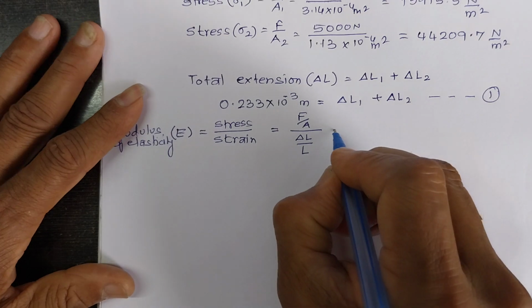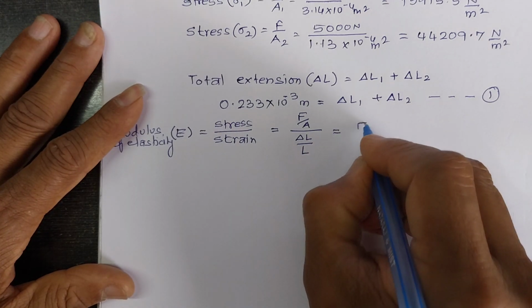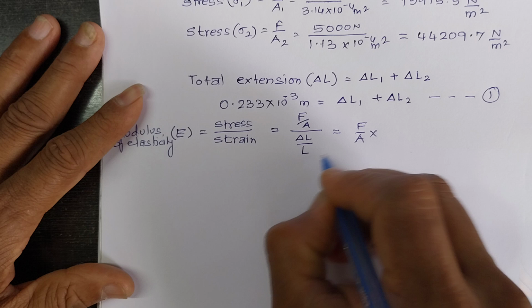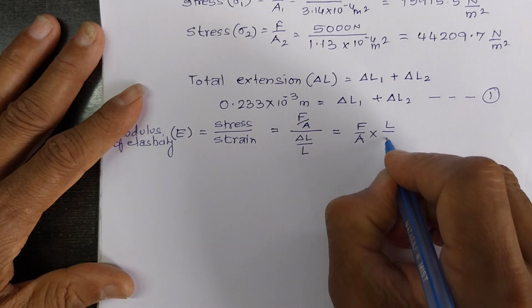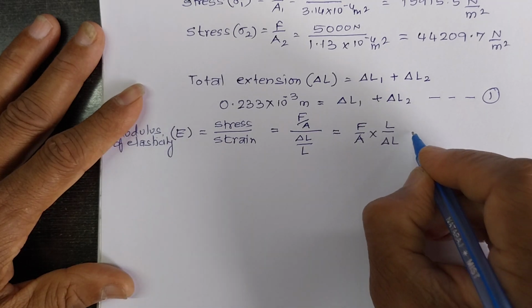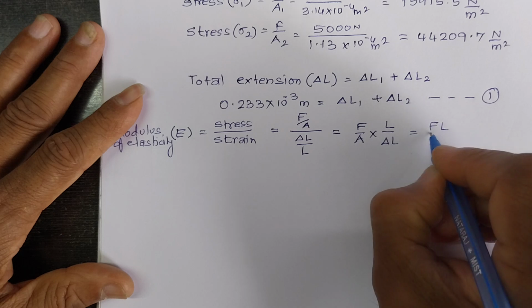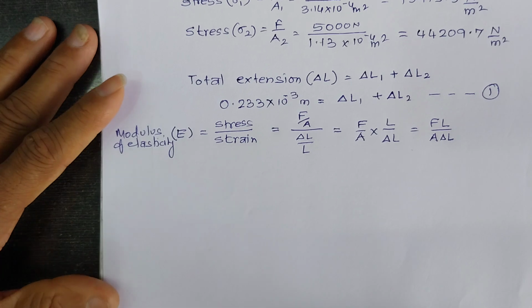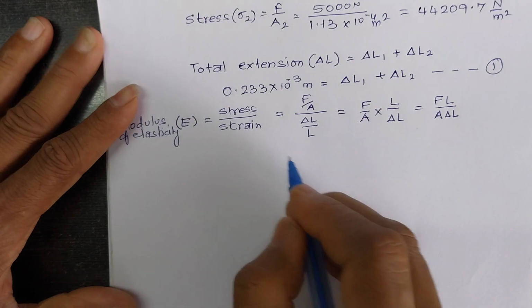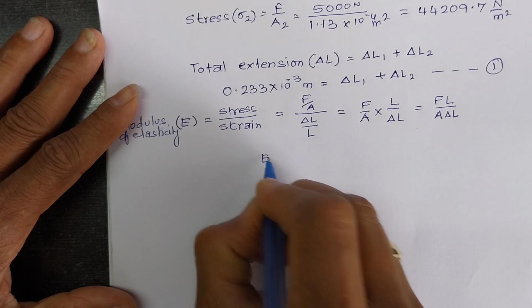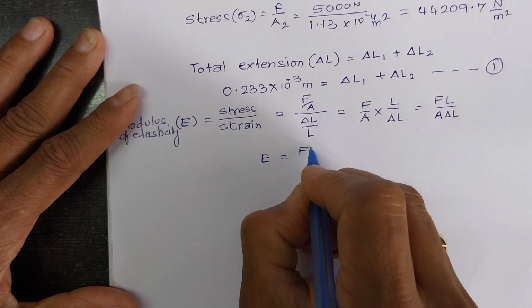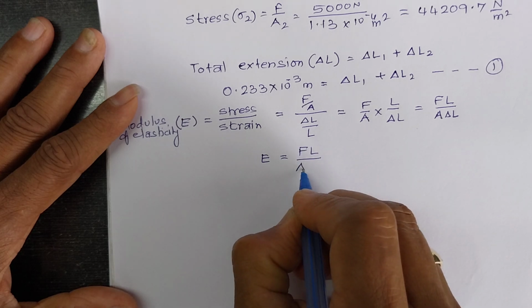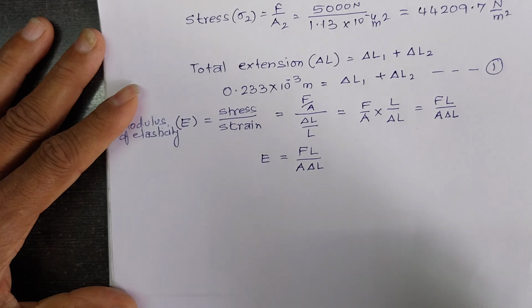So this we can further write as F upon A multiplied by, when it goes up it becomes L upon delta L, or this is F L upon A delta L. In short, the basic equation here is E is equal to F L upon A delta L.